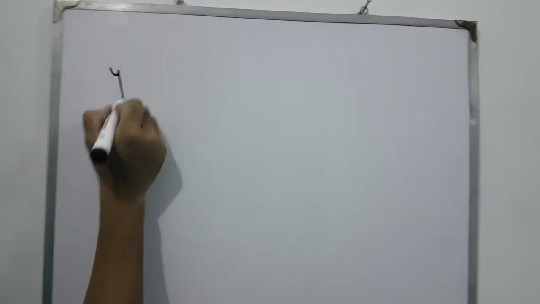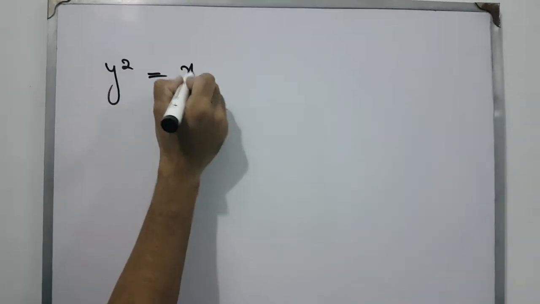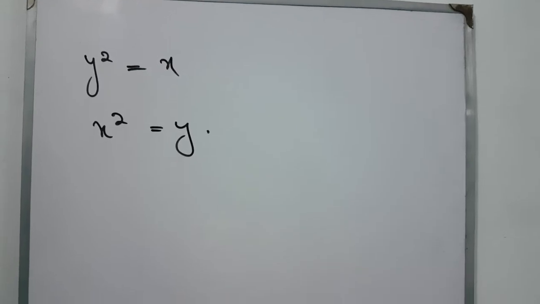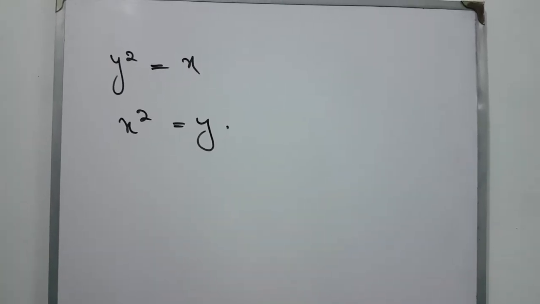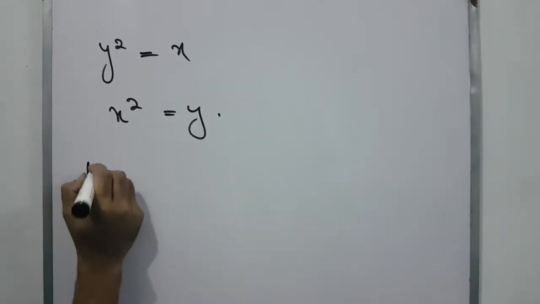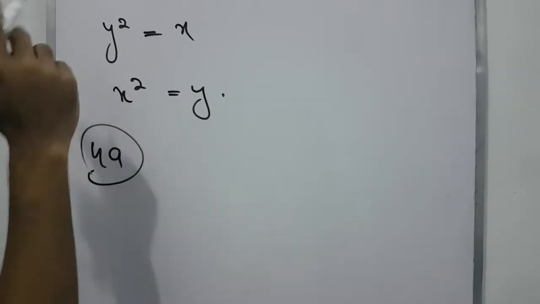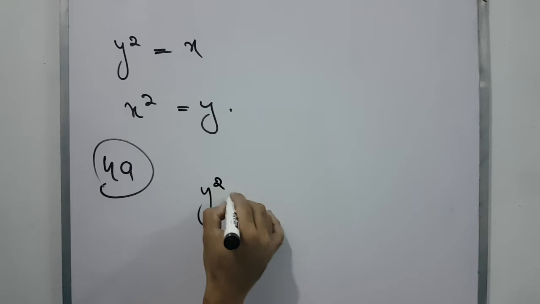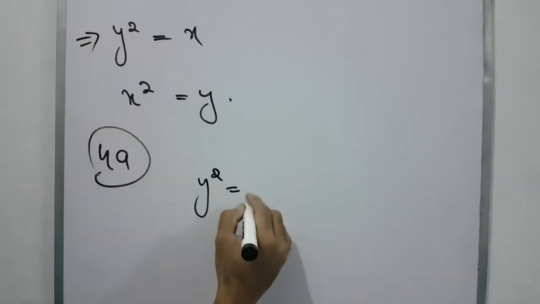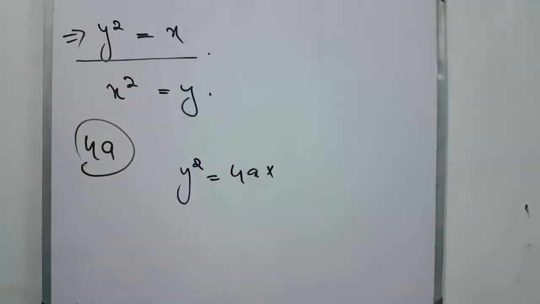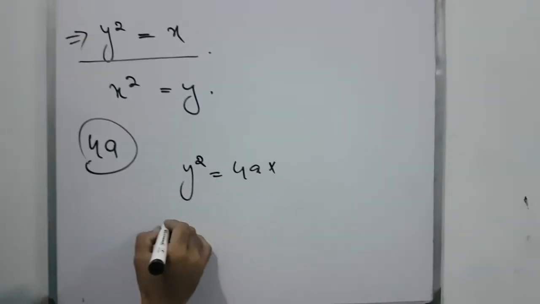As I told you, a parabolic equation may be written as y square equals x or x square equals y. You are curious where 4a has gone. The general form of the above equation is y square equals 4ax, but I wrote y square equals x.